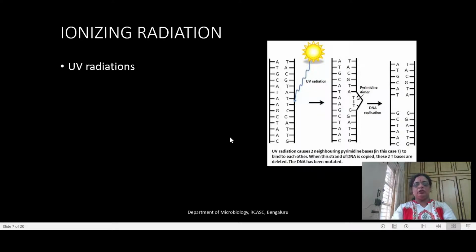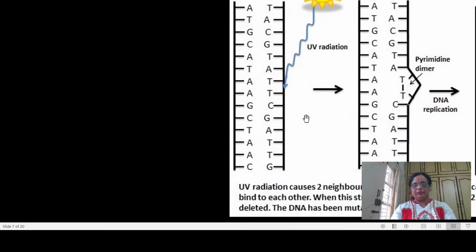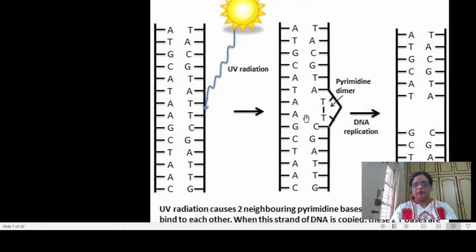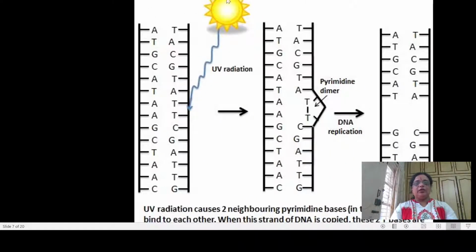In this method, if the UV radiation is exposed onto the organism, we are talking about the fungi, it makes a direct hit on the nucleus, especially on the DNA, where the UV radiation results in the formation of pyrimidine dimers.